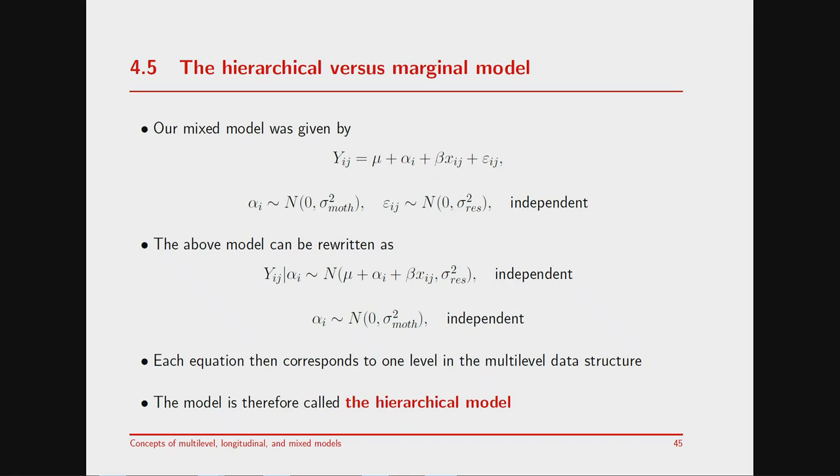Well, it is a normal distribution with mean mu plus alpha_i plus beta x_ij, because I condition on the alpha. And then the variability comes from the residuals, so that's the residual variability. On top of that, you assume the alphas to follow a normal distribution. I call this the hierarchical model because this reflects the hierarchical data structure.